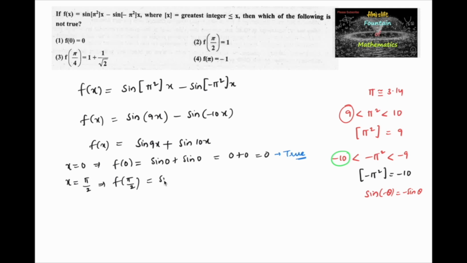f of pi by 2 is equal to sine 9 times pi by 2 plus sine 10 times pi by 2. So 9 times pi by 2 we can write as 4 pi plus pi by 2, and 10 times pi by 2 is sine 5 pi.